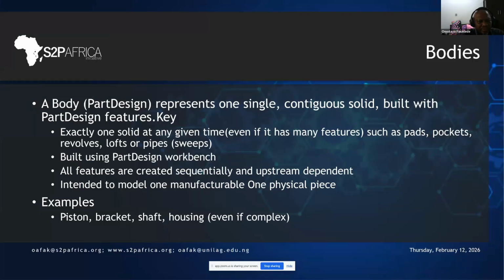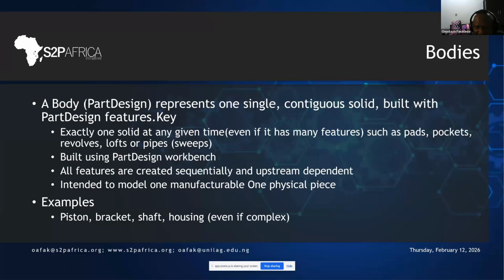Bodies. In part design, a body represents one single contiguous body, a solid, built with part design features. Exactly one solid at any given time, even if it has many features.